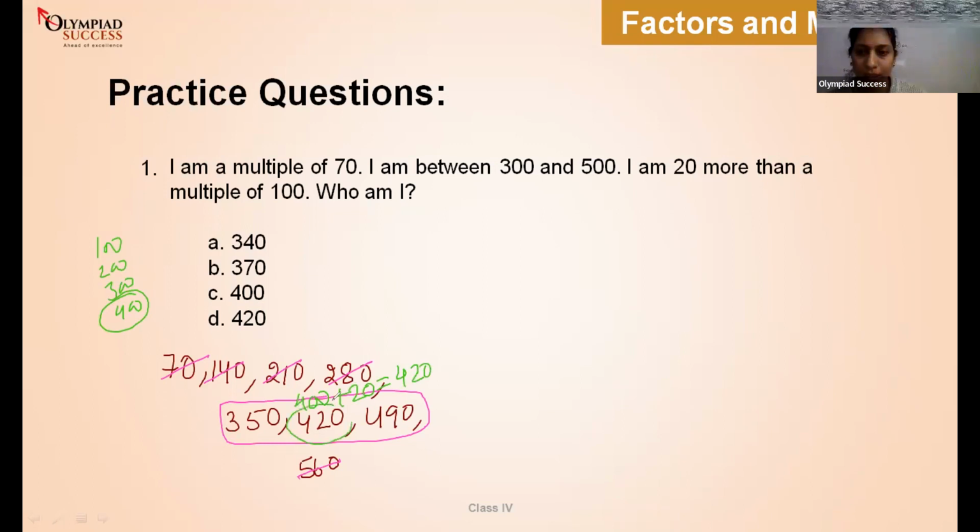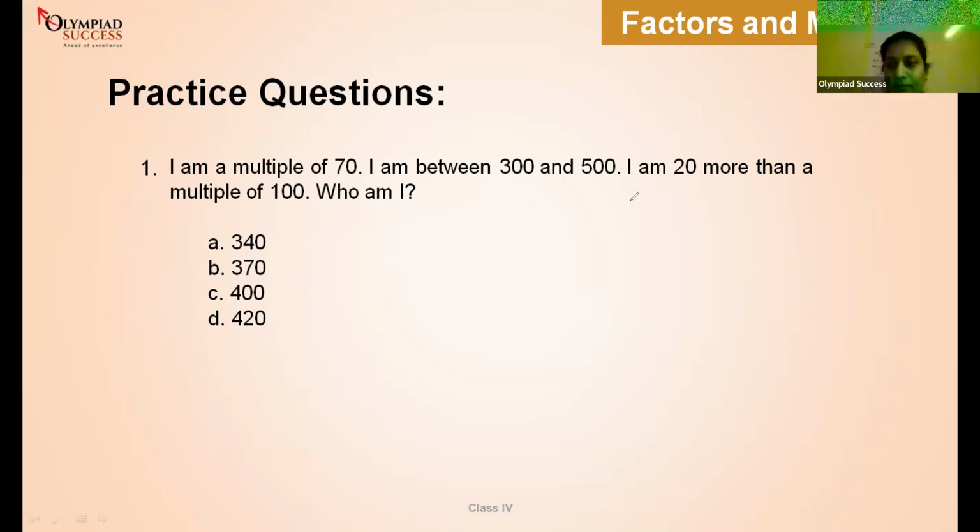So between these 3 numbers, I get only one option, that is 420. Is it clear? Is this question clear, or who is having any doubt, they can ask. Easy peasy or tough? This was easy? Yes, easy, clear.